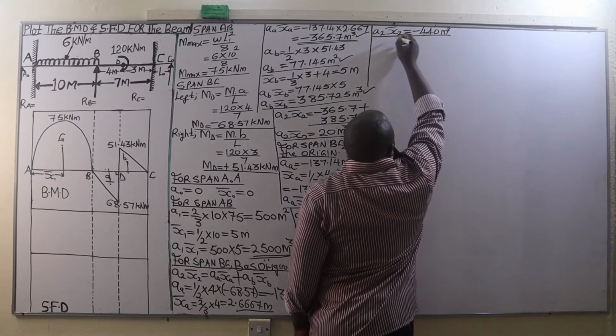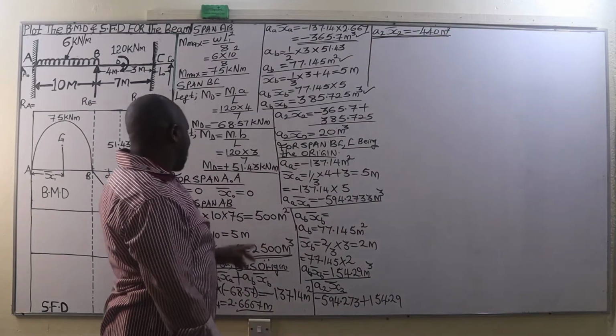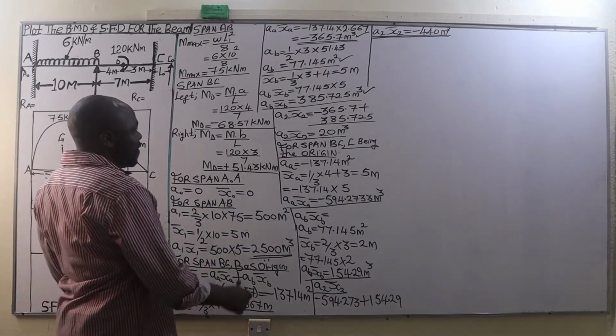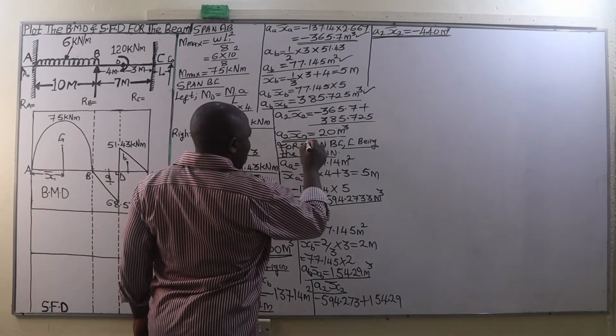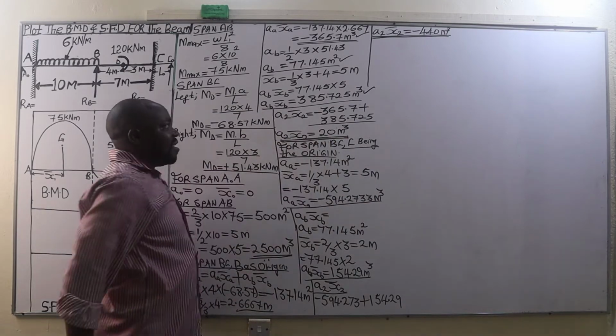Therefore, ladies and gentlemen, we now have the values of A2 by X2, C being the origin, and we also have A2 by X2 with B being the origin.